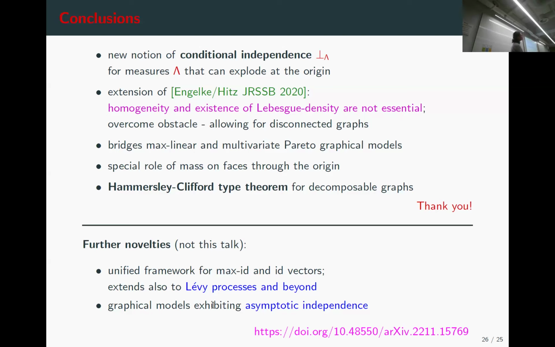So I'm not sure if I fully understand the question, but is the origin that we're looking at the origin corresponding to all variables simultaneously being extreme? So they don't have to be simultaneously extreme because we have mass on the faces through the origin, basically, on the axis.